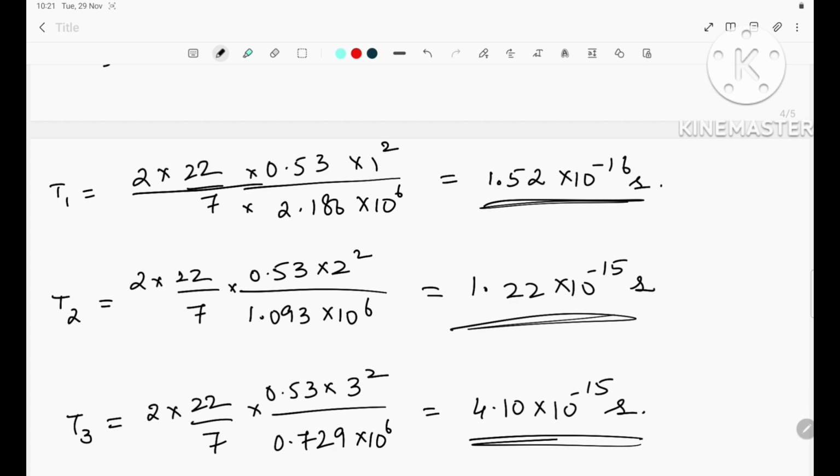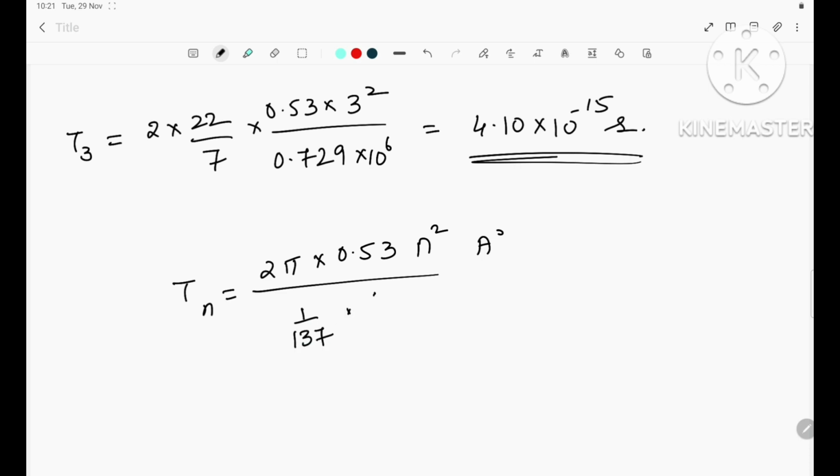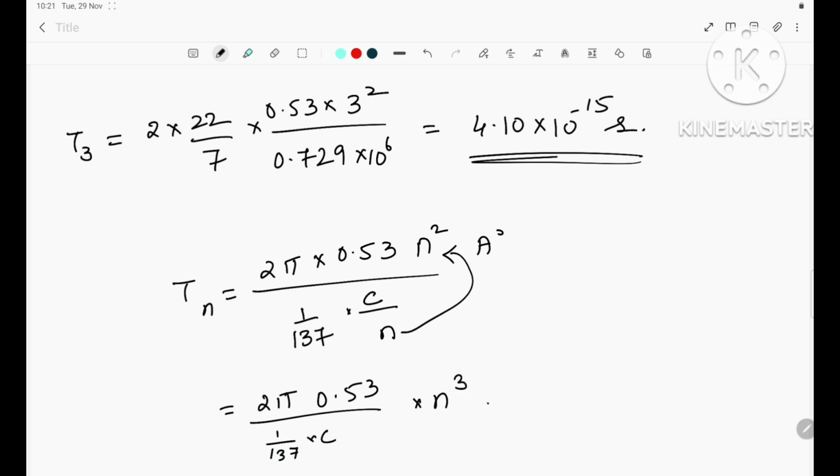Now there is another short method to do T1, T2, T3. You know very well Tn is equal to 2 pi into 0.53 into n square angstrom, divided by velocity. How much velocity did we get? 1 by 137 into c by n. So when this goes to the numerator and you calculate, you will get 2 pi 0.53 divided by 1 by 137 into c into n cube, right?